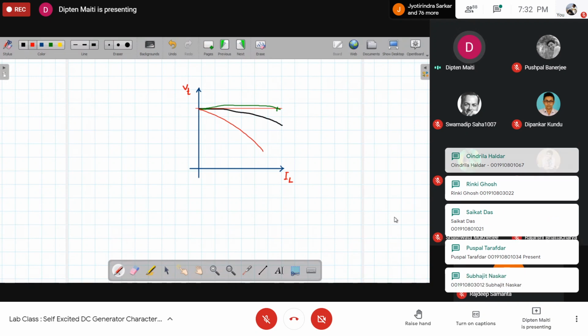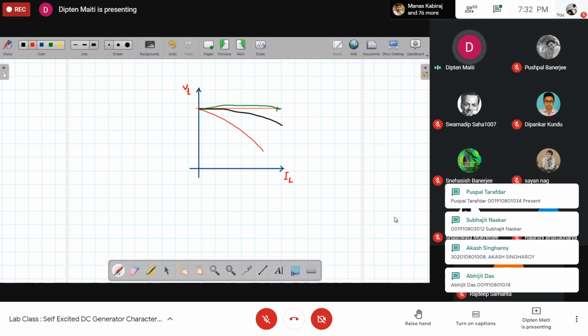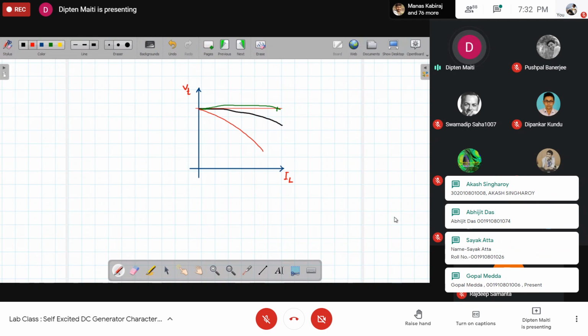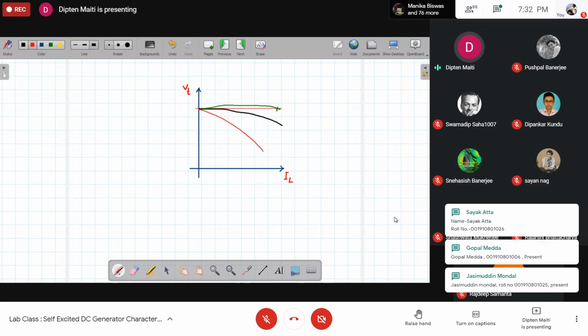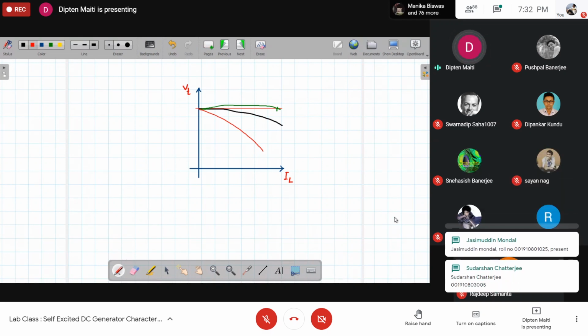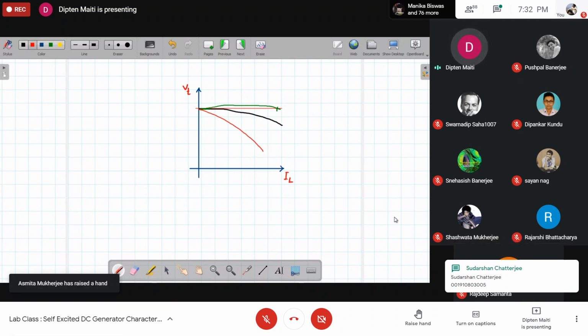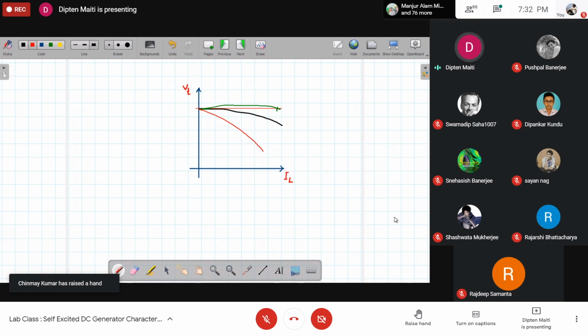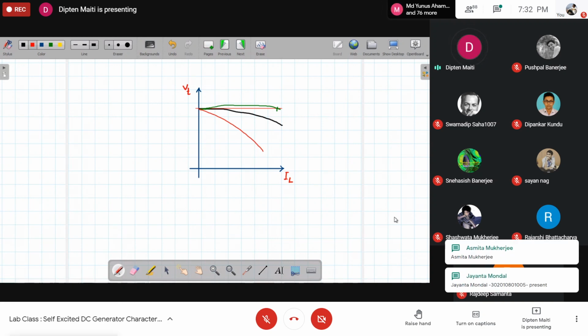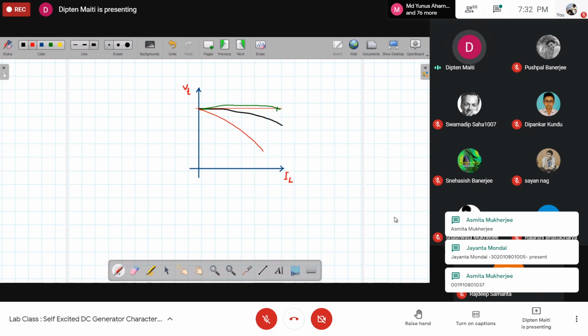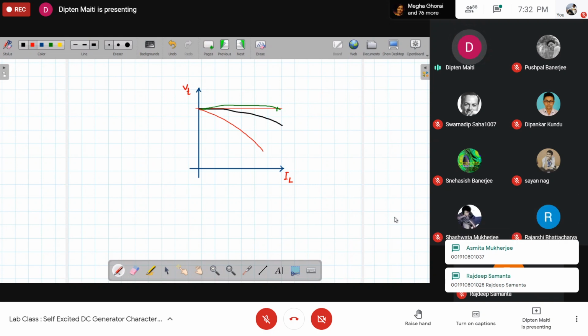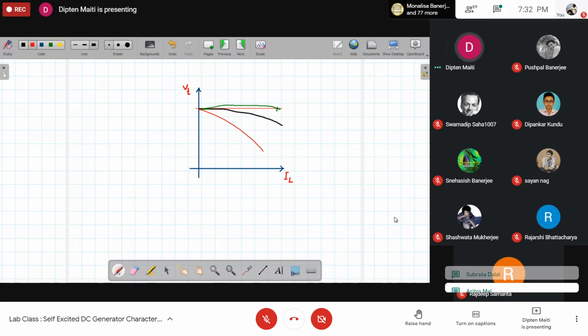All the diagrams, open circuit characteristics, external characteristics, require that the speed must remain constant. When you study these characteristics, drawing of open circuit characteristics is done by changing the field current or field flux and noting down the induced EMF, or plotting a curve of induced EMF versus field current at a given speed.